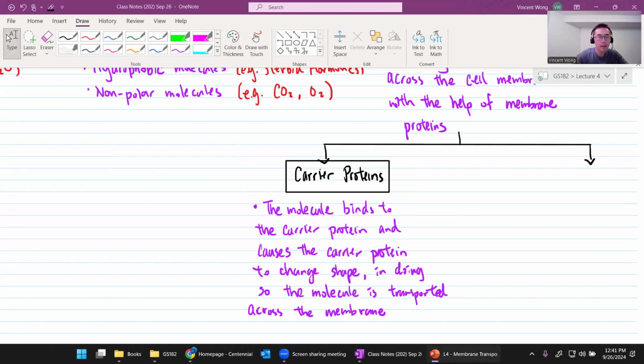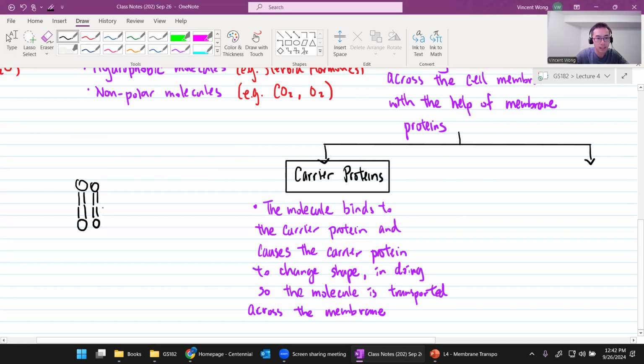Now, perhaps it's easier to show you what it looks like. I'll give you a moment to copy it down first, and then I'll draw you a picture to explain what it looks like. All right. So we will draw a little bit of the phospholipid.